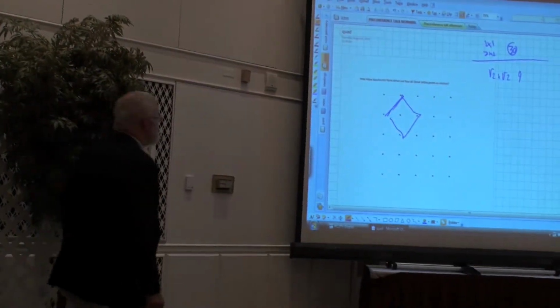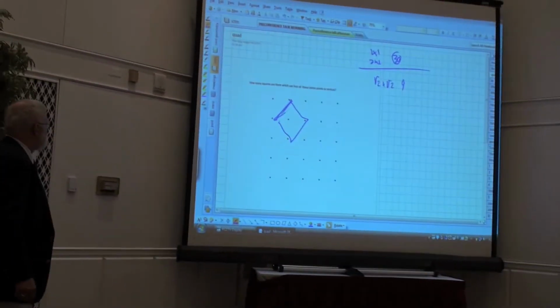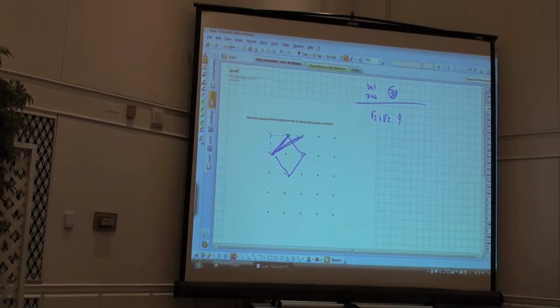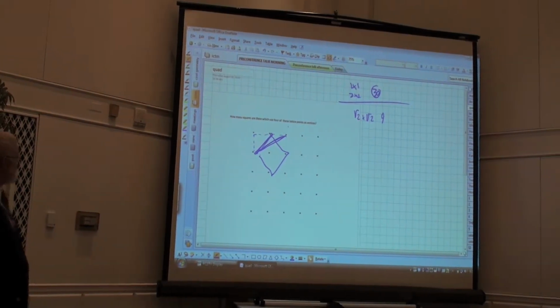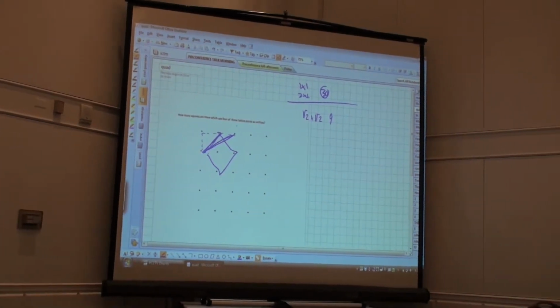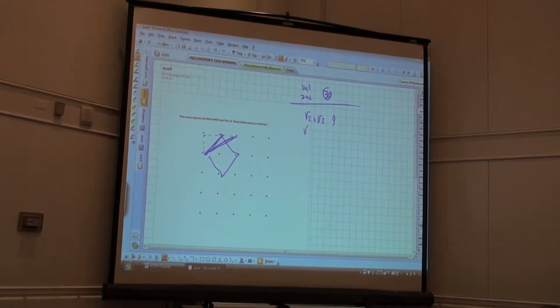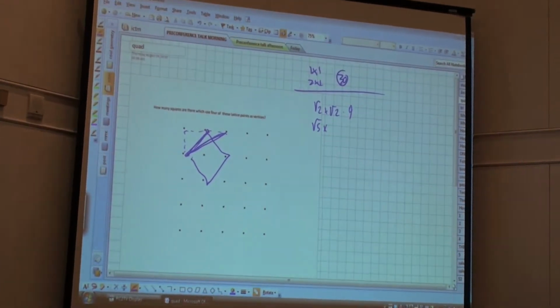Then I use square root of 5. And it's basically because there's a 1 by 2 right triangle there inside square root of 5. And there are 4 of those. 1 by 2 and 2 by 1.